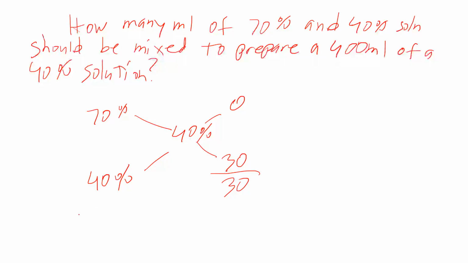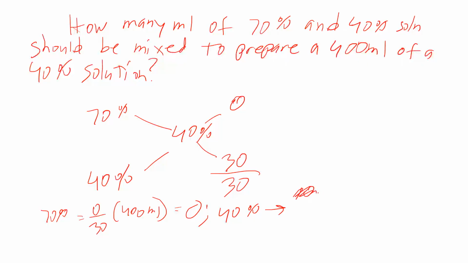So what we do is we say for the 70%, it's 0 over 30 times 400. Well, we know that 0 over 30 is 0, so that's 0. And we know that anyway because of this. And then for 40%, there's 30 over 30, which we know is 1.